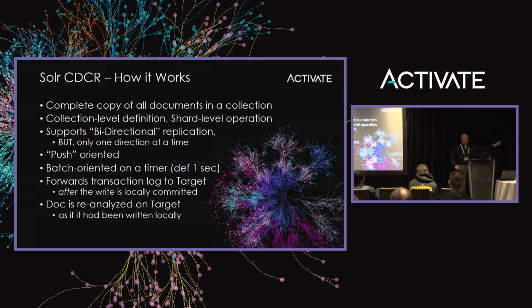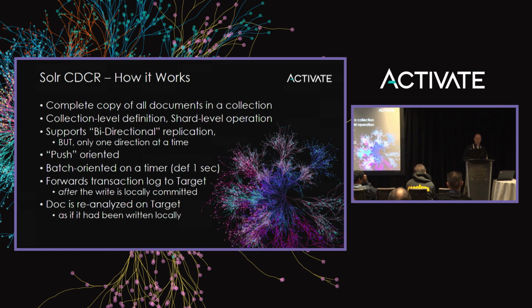If you've got 3 shards on the source, you should have 3 shards on the target. And whatever your configuration set is on the source should be the exact same configuration set on the target. There are ways to make it work if those aren't exactly the same, but you're making it harder for yourself, and it may not be the right use case.